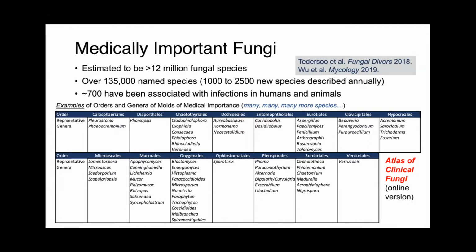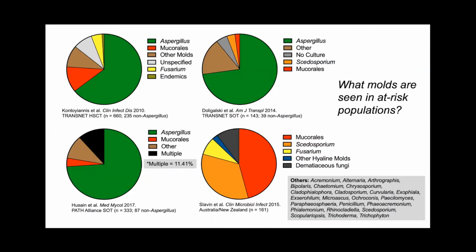Now, that being said, there are several groups that we commonly see in at-risk populations. So this slide here shows several different graphs taken from the TransNet study as well as the PathAlliance study. And I think you can appreciate in three of them, where it's shown in green, Aspergillus species are the most predominant ones.